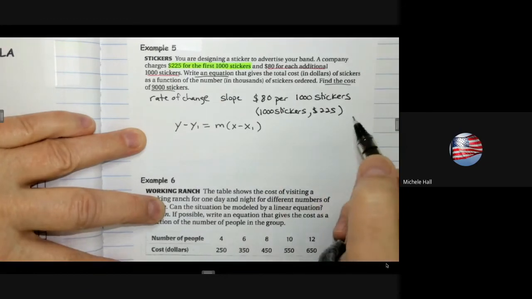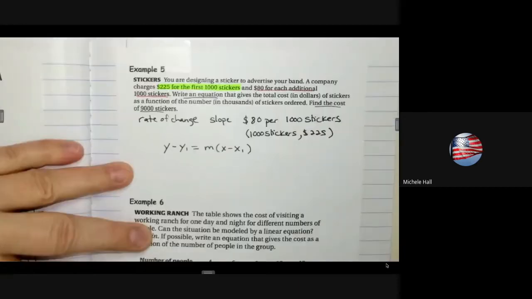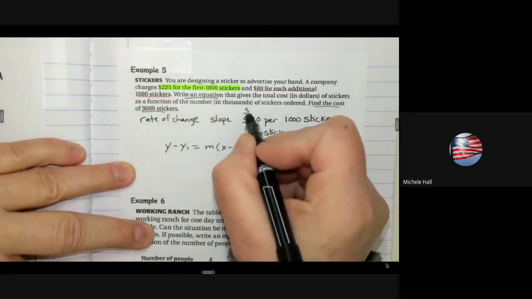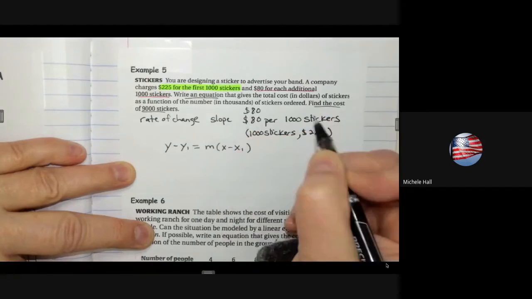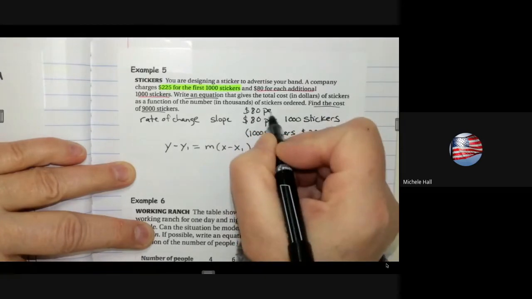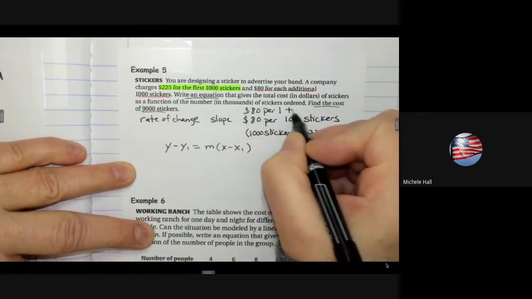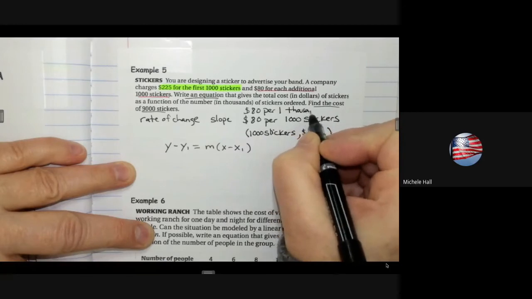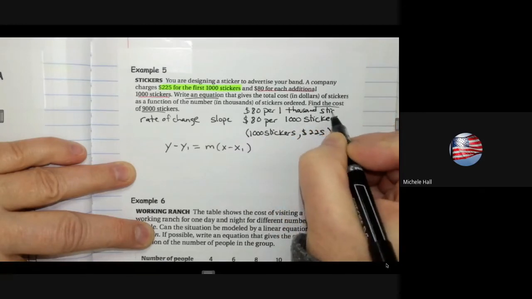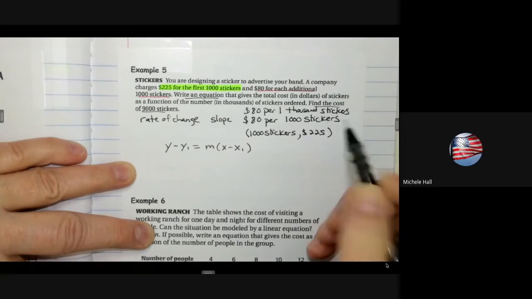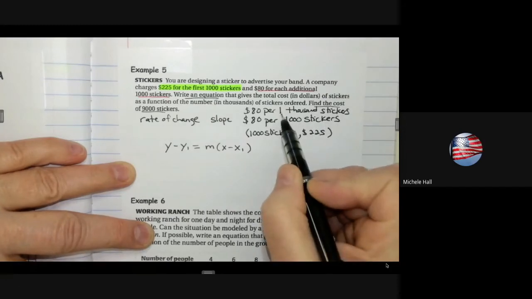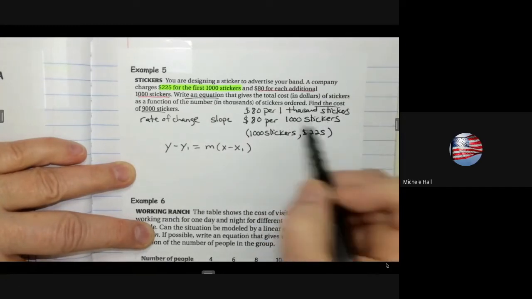We are going to substitute our slope. Let's rewrite our slope as $80 per 1,000 stickers. We're going to use the 1 to represent thousands. So we're going to say 80 per 1.